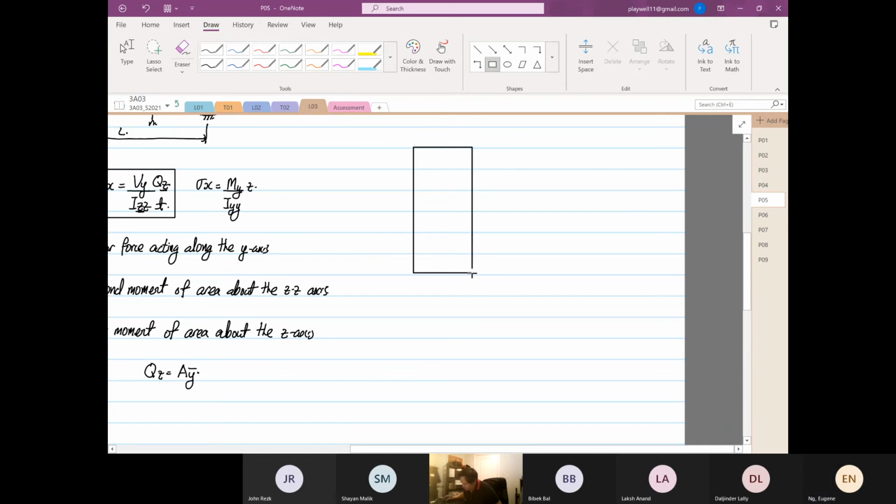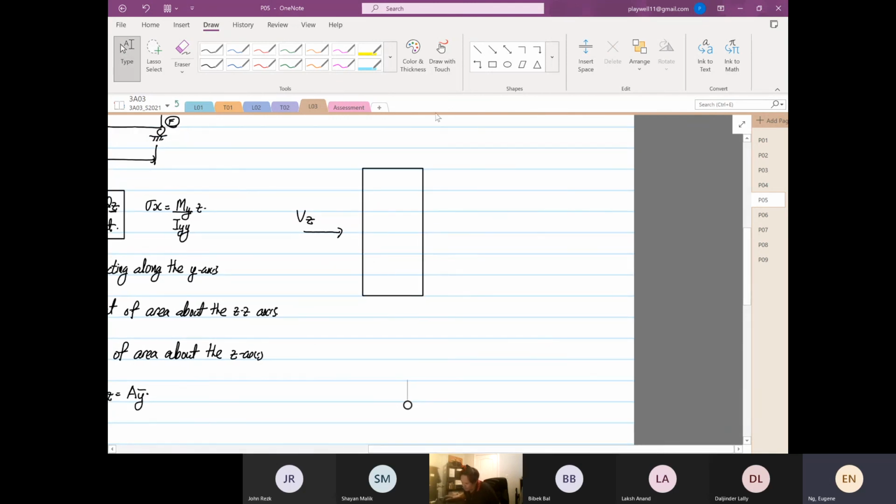So what if now the V is in the Z direction? So which axis do you have to take? Okay, so now as I mentioned earlier, we know.